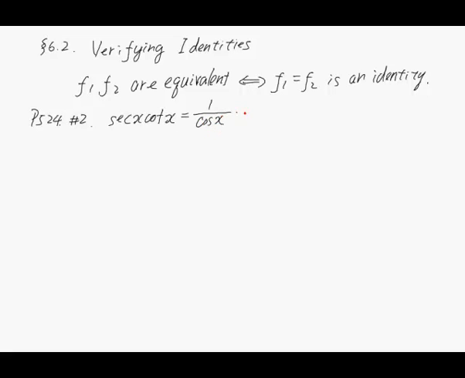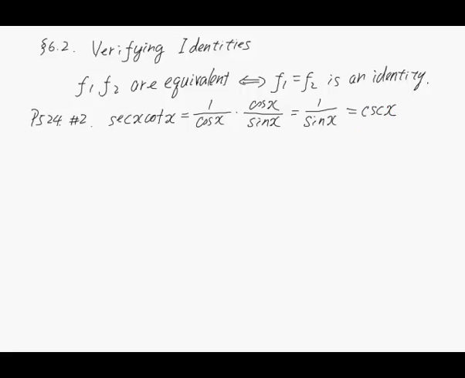And for the cotangent, we use the identities from the definitions, and it is equal to cosine x over sine x. Now this cancels, so you have 1 over sine x. And then we know by the reciprocal identity, this is equal to cosecant x.